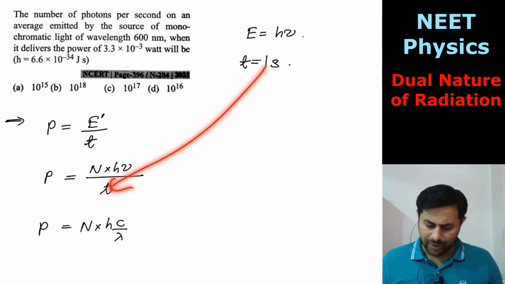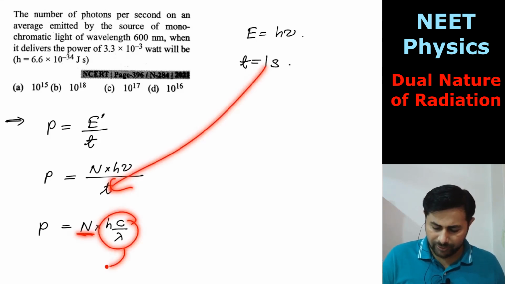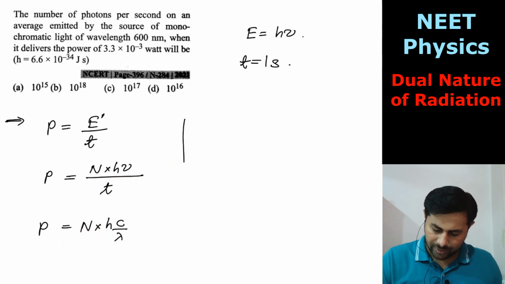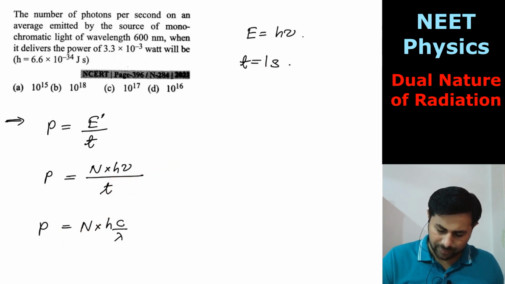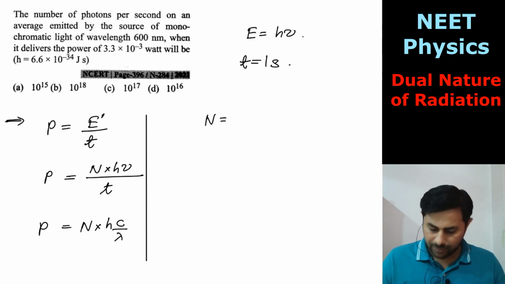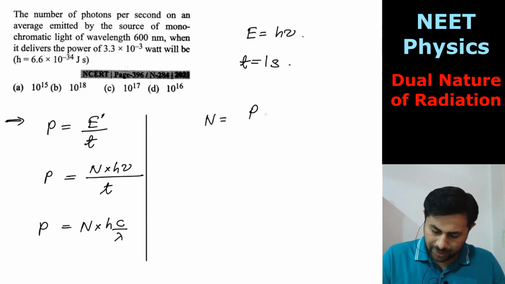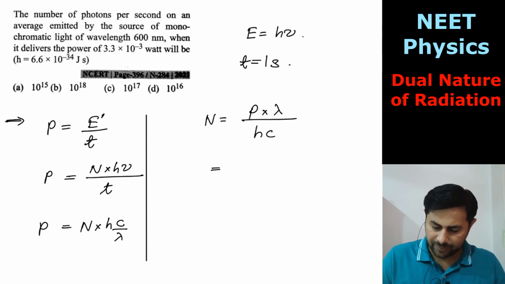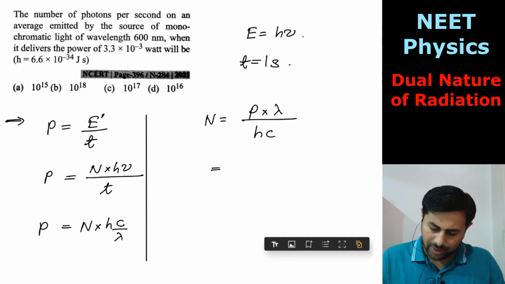Okay, we want n. So move everything else to the other side. Therefore you have n equals P times lambda divided by hc.